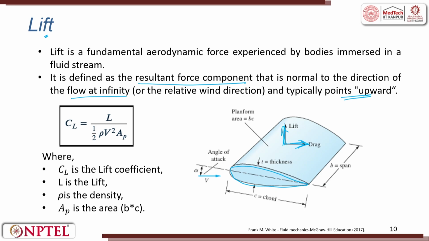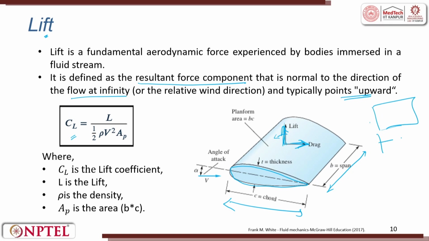And when the plane moves this way, that way, the lift angle changes. It is given by the equation CL, the lift coefficient, which is L, the lift, divided by half rho, where rho is the density of the air or water, V squared is the velocity, and Ap is the area, which is calculated as B into C. Again friends, here we are calculating BC, just assume that it is a flat plate.